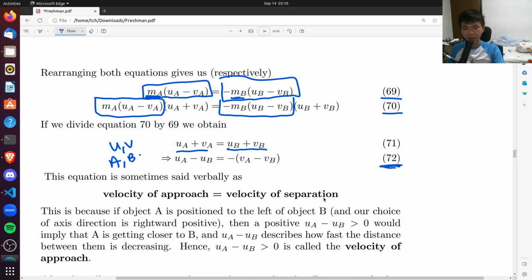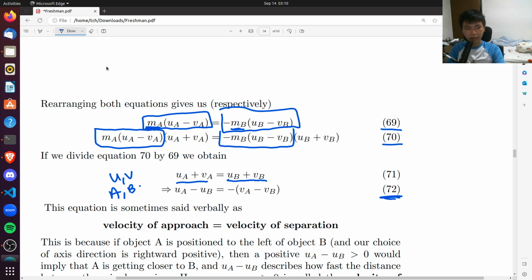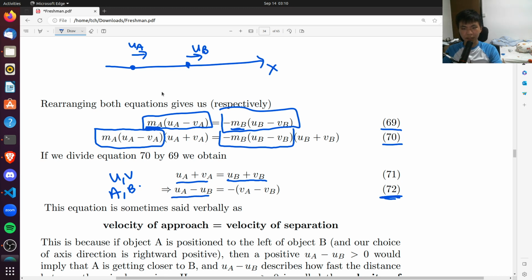Remember previously I said that if I think of it as a line, with velocities UA and UB moving rightward, taking rightward as positive, then we can think of UA minus UB as how fast the separation between the two objects, MA and MB, is closing down.